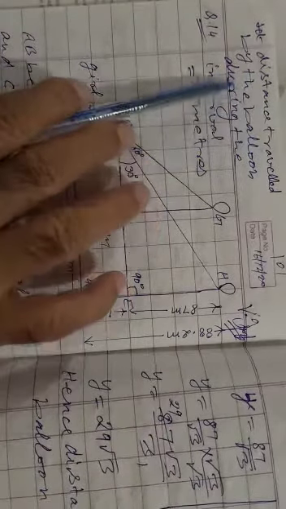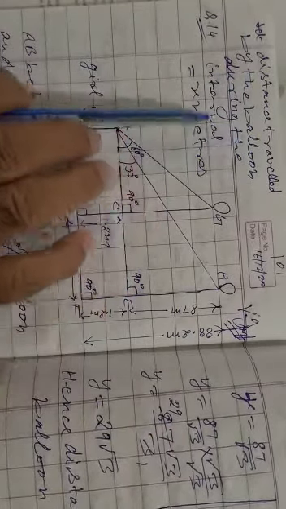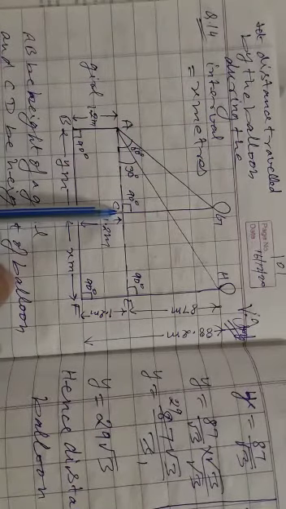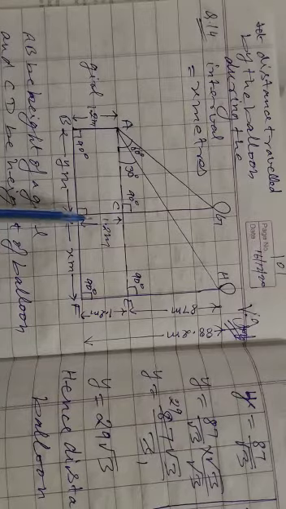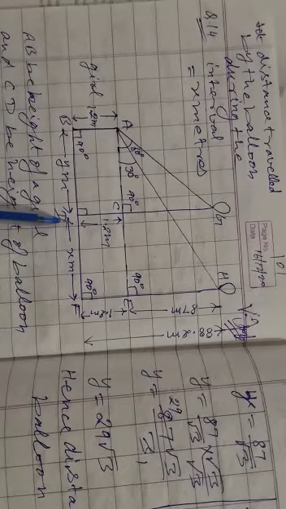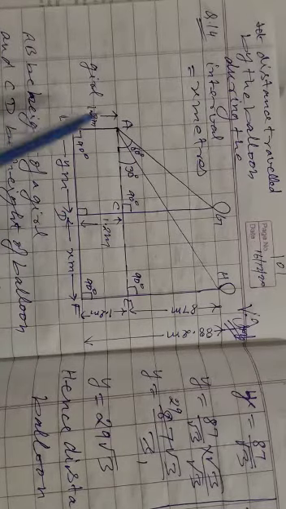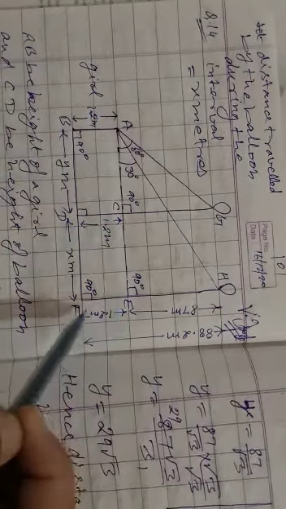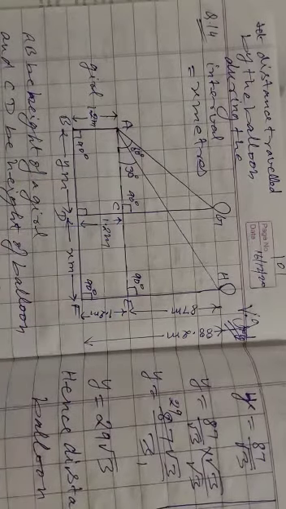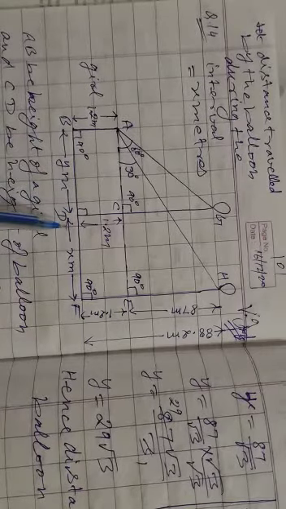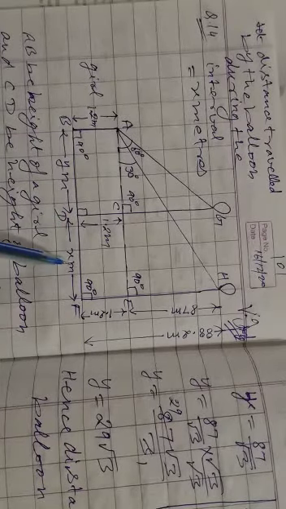Let distance travelled by the balloon during the interval equal to x meter. Distance travelled by the balloon during this interval is CE, that is x meter. DF equal to x meter. AB equal to CD equal to EF, that is 1.2 meter. Now let BD equal to y meter and DF equal to x meter.